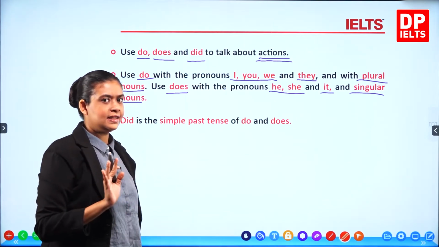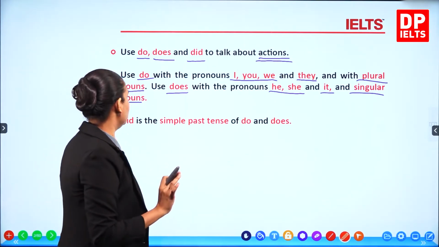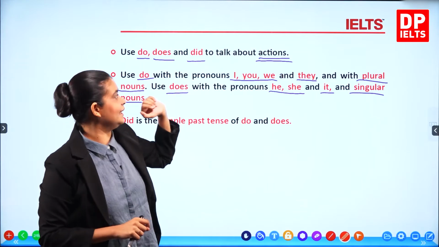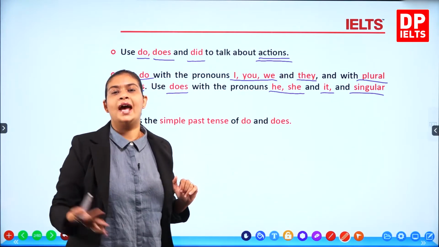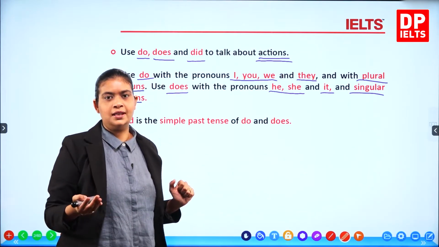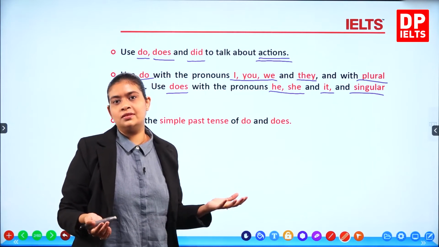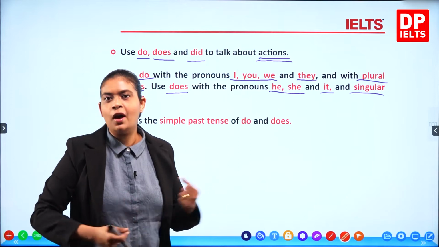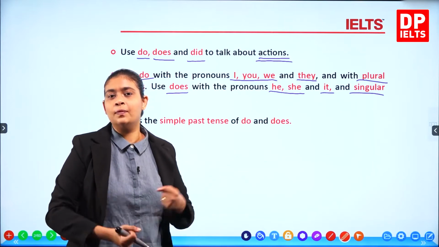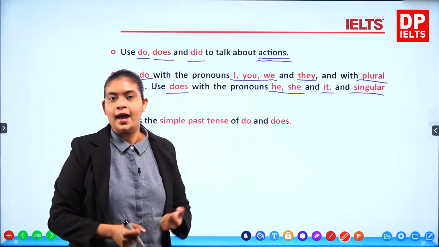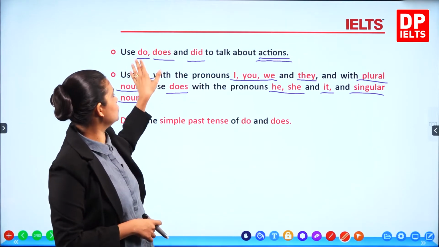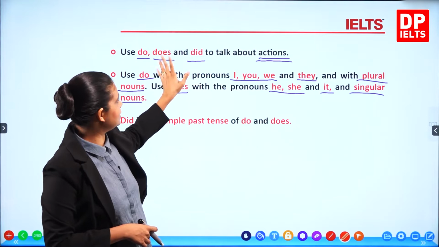Right, let us have a look at this more in detail. You use do, does and did to talk about actions, right? Example, did you eat? Do you go for swimming? You talk about actions, something that you do. And for those kinds of things, you could use do, does and did.